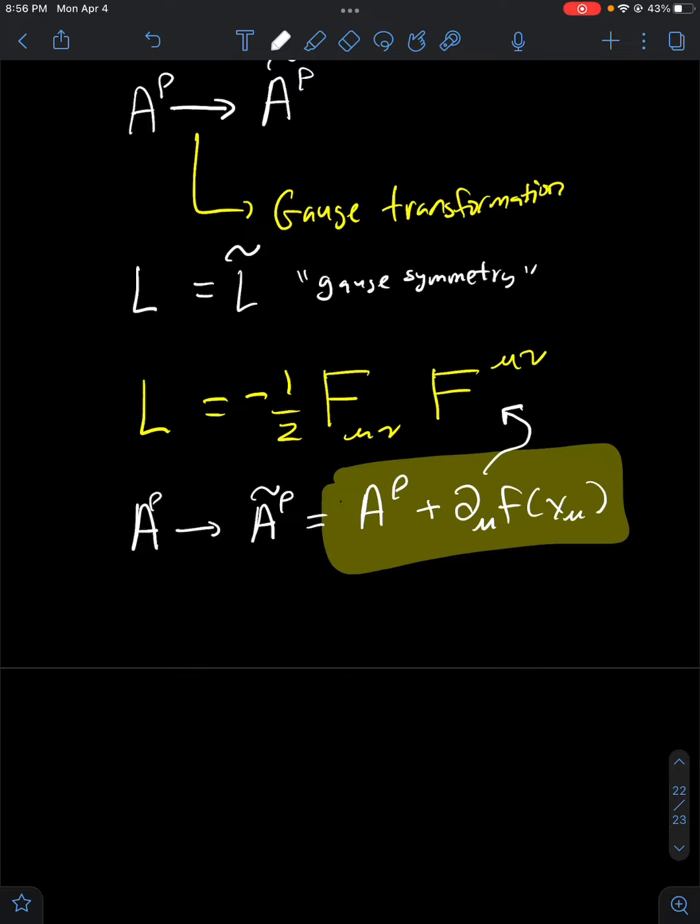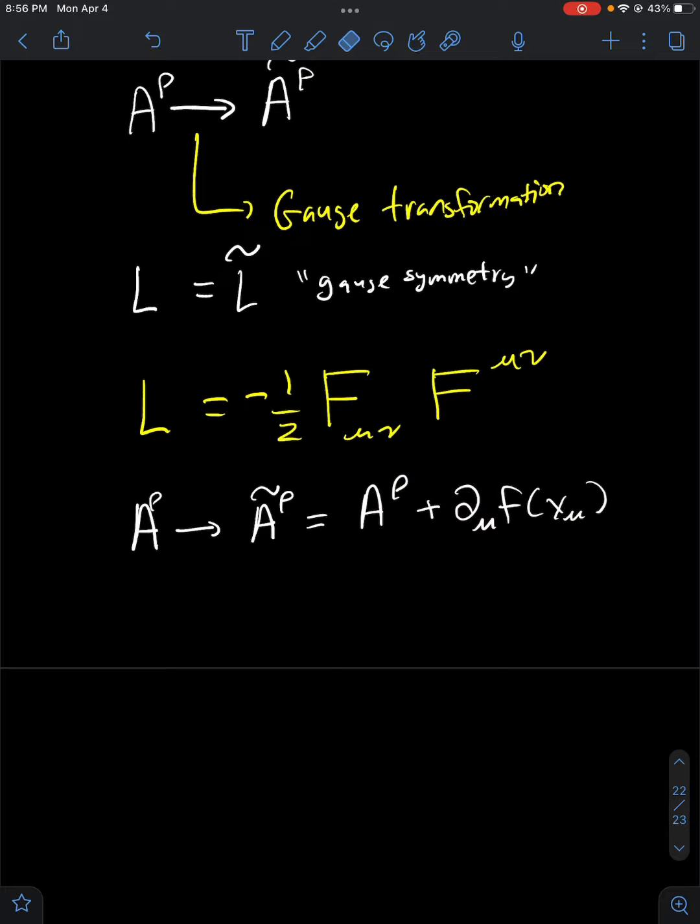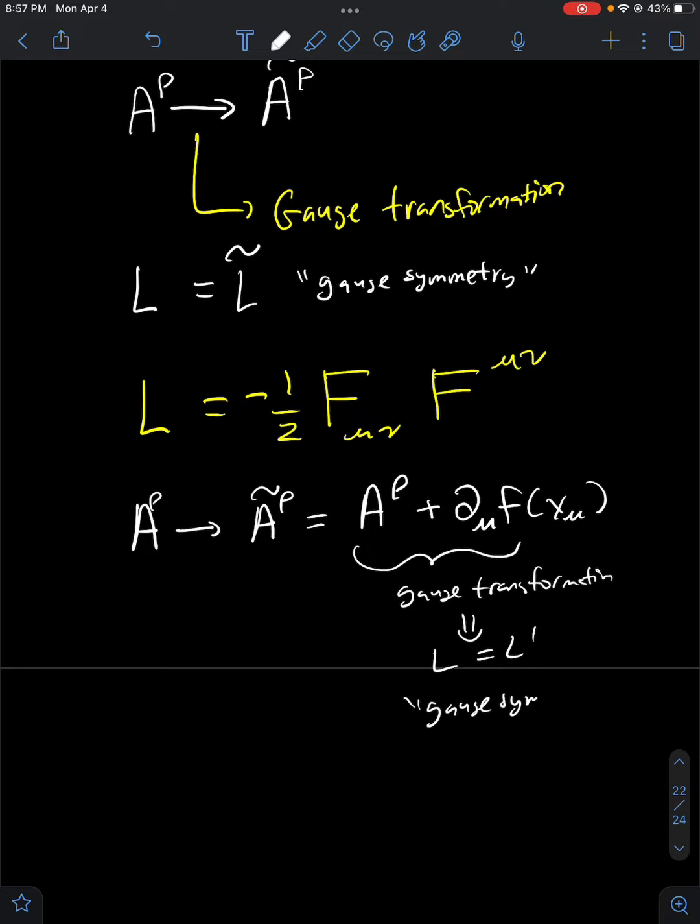And then show that the new Lagrangian reduces to the old Lagrangian, which implies that we have a gauge symmetry. So this transformation leaves the Lagrangian gauge invariant. So here is our gauge transformation, and this transformation will leave our Lagrangian unchanged, which means that we have a gauge symmetry.